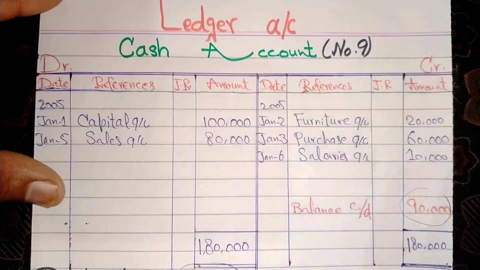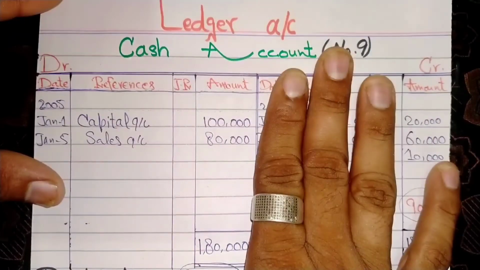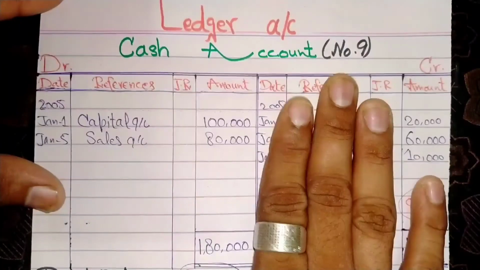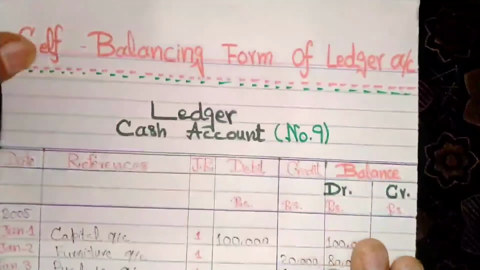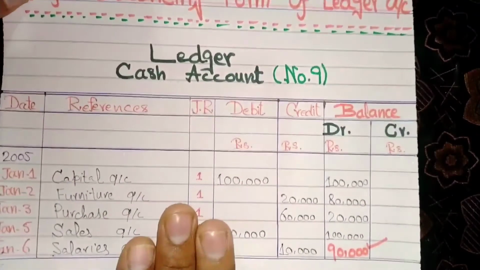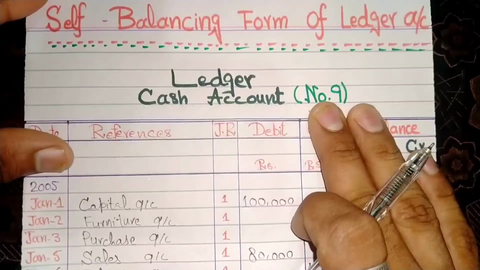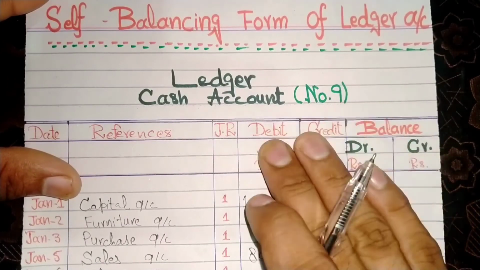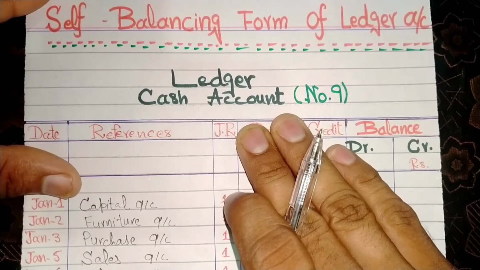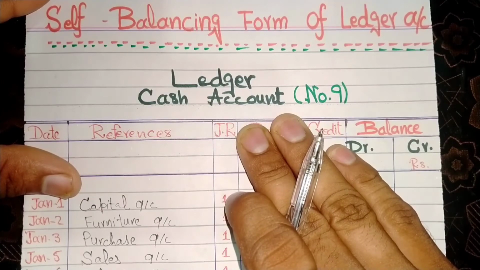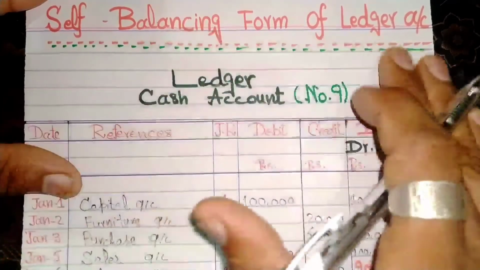First is the ledger account of cash account in standard form, and second is the self-balancing form of ledger account. Are you okay? After discussion and the solution of this short example of cash account, now we are able to solve another illustration with the second method, which is the self-balancing form of ledger account.